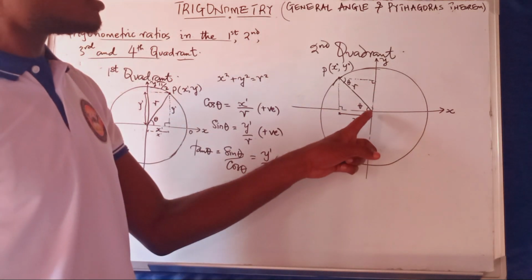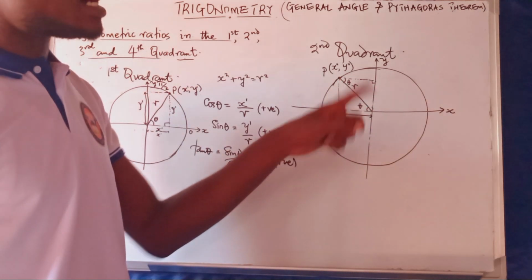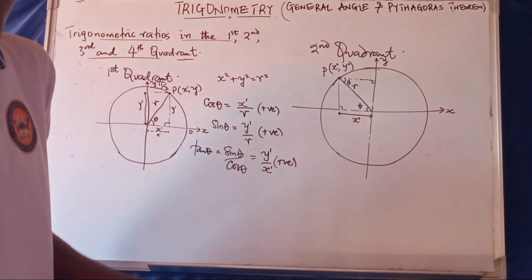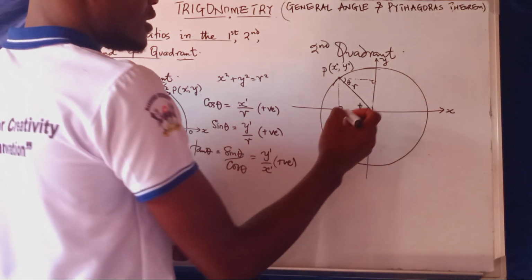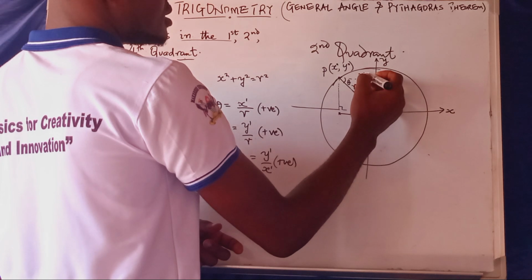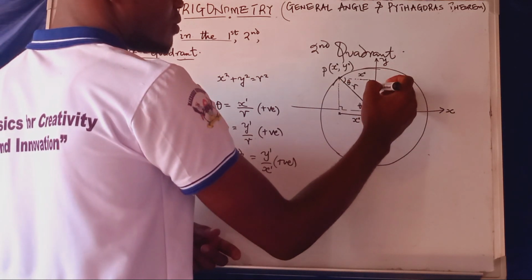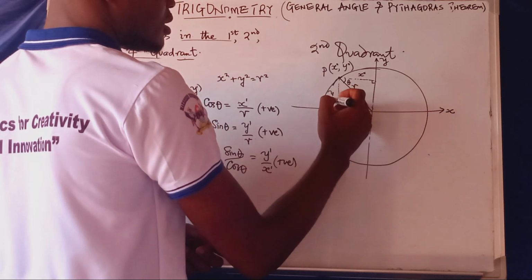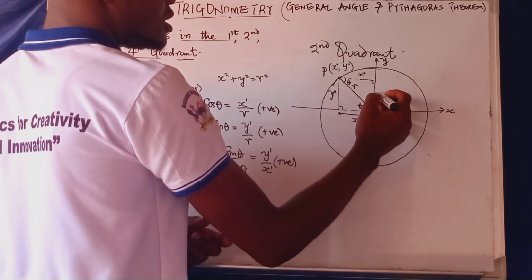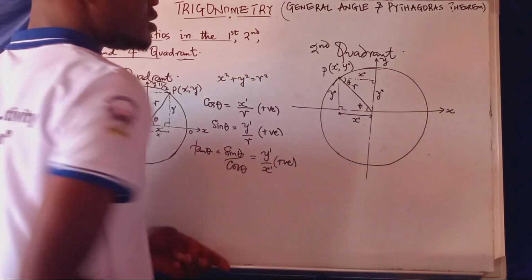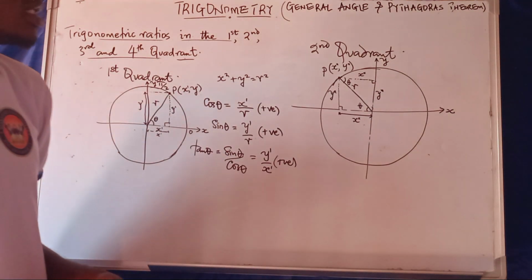Of course, these are alternating angles. They are always equal, so it doesn't matter where you put your angle. So here, this is the same as x star, and this is the y star, which is the same as this. So whichever route you follow, you shall still arrive at the same thing.